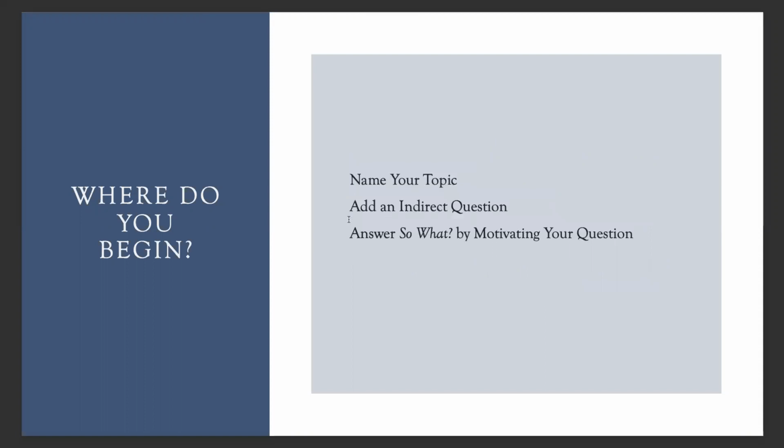Then, once you do enough research on the topic, you can start naming your topic and start to ask some indirect questions like, this is the topic, so what can I find out from this research? And you would try to see what is motivating you to ask this question.